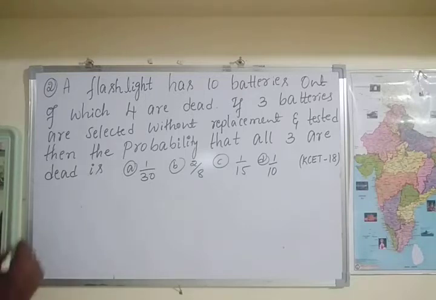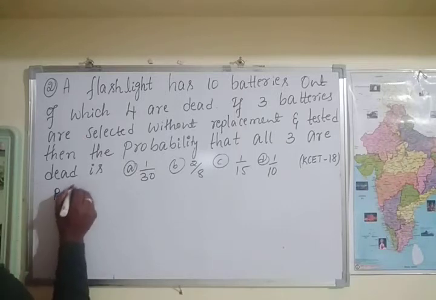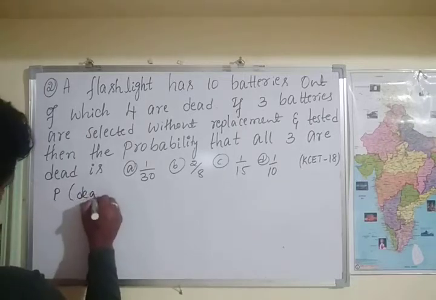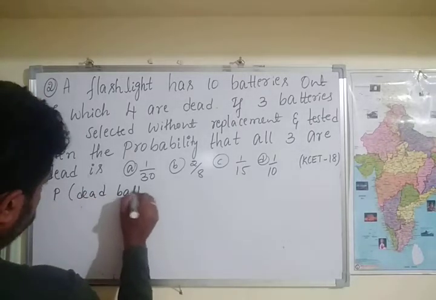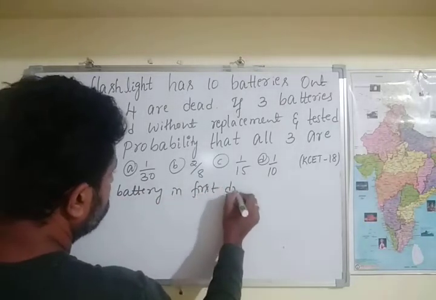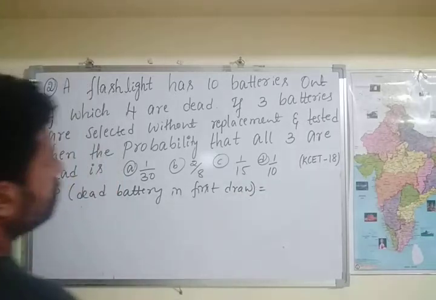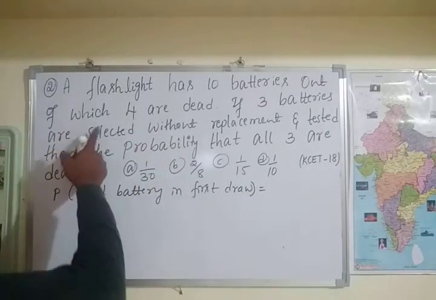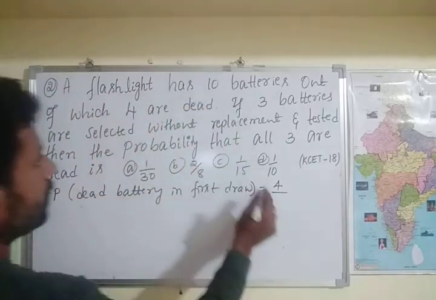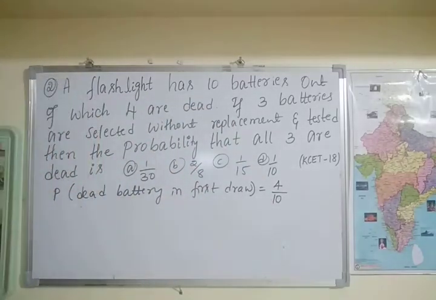Now we consider the probability of dead batteries. In the first draw, 4 are dead out of 10 batteries, so 4 divided by 10.